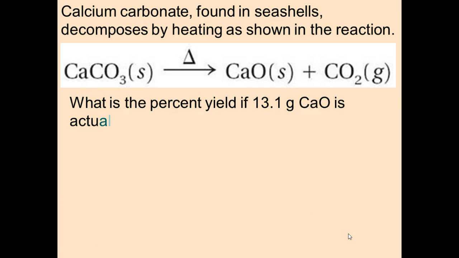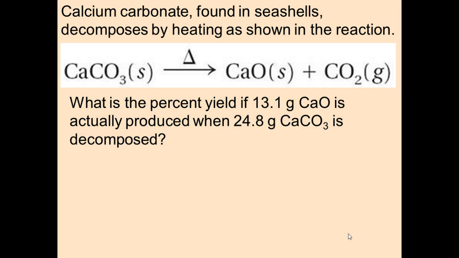Now we want to calculate percent yield. This time it asks: what is the percent yield if 13.1 grams of CaO is actually produced when 24.8 grams of CaCO3 is decomposed?